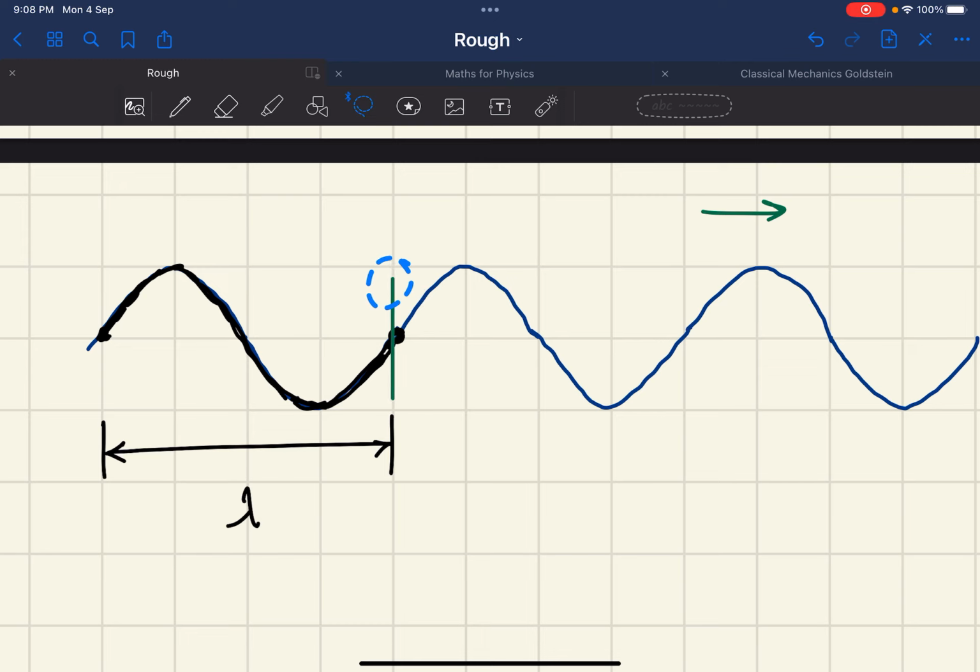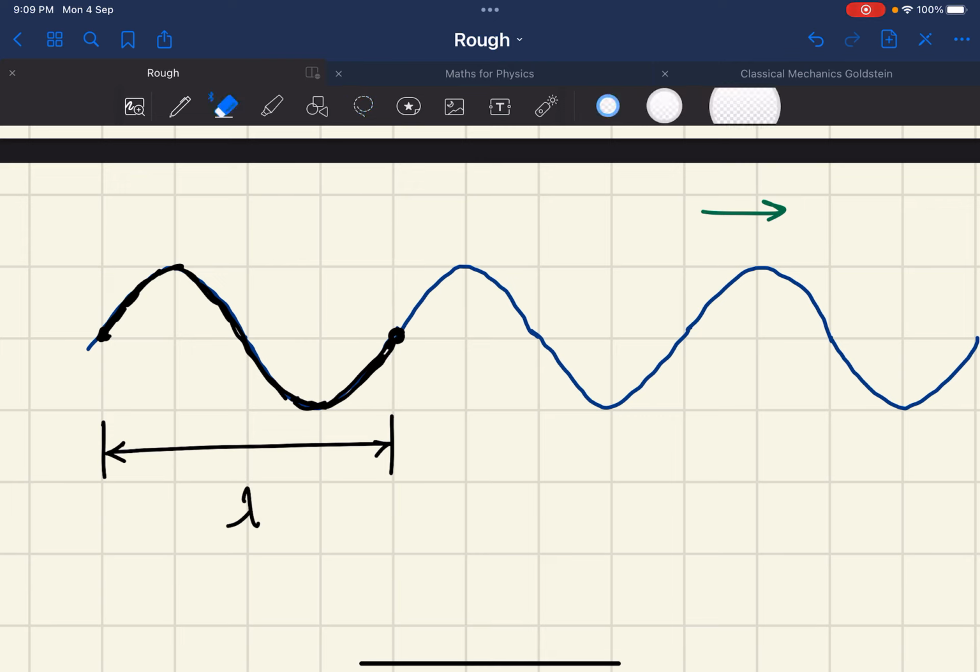Then the wave is going to move as it passes us. So it goes down, it goes up, and then it goes back. So that's how we will see the wave continuously move if we're standing here.